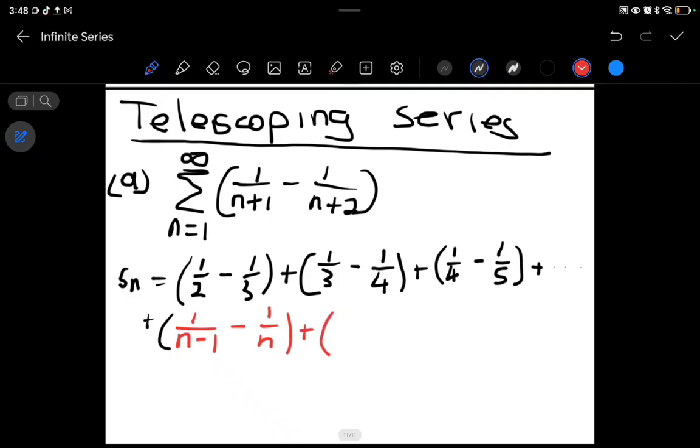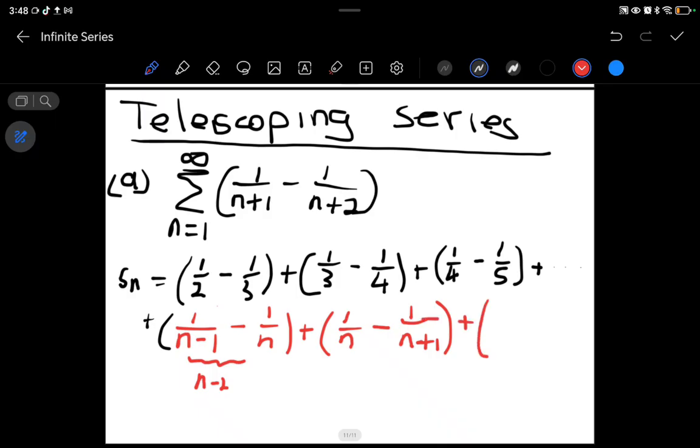Plus, first here I plugged n minus 2, then next I'll plug n minus 1, so this is increasing by 1, because you remember this was increasing by 1. If I plug n minus 1 here, I'll get 1 over n, minus, I plug n minus 1 here, I'll get 1 over n plus 1.